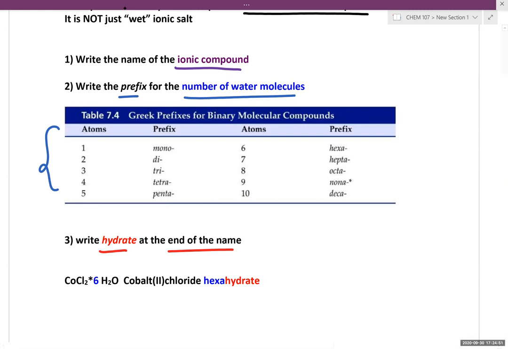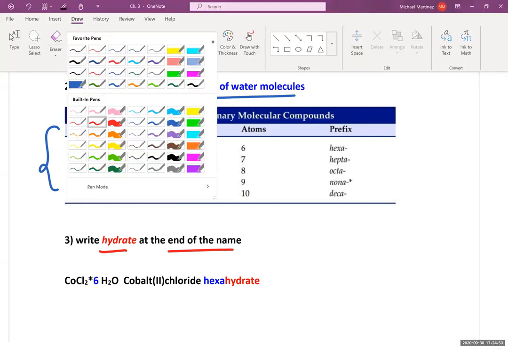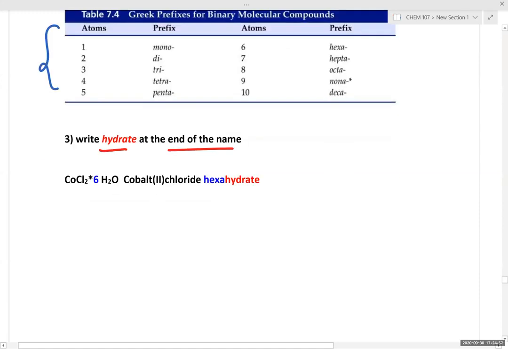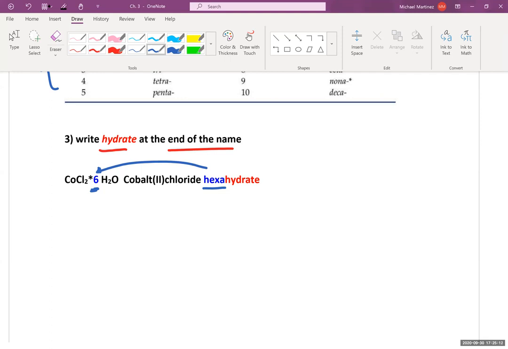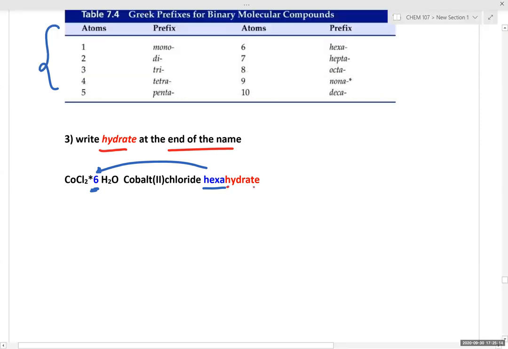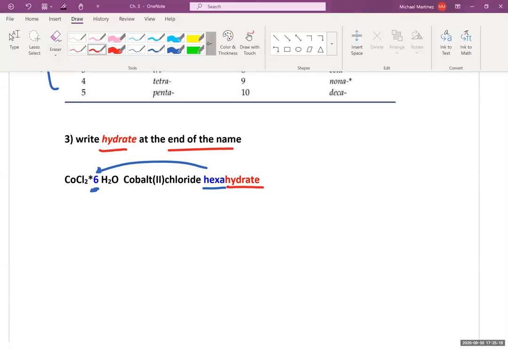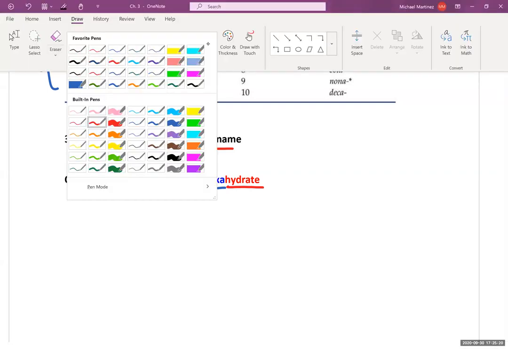So just to show everyone how this works out in practice, first, if we look at the formula for cobalt chloride dot 6H2O, or hexahydrate, we put a prefix of hexa because we have 6 water molecules. And then because we have associated water molecules as part of the chemical formula, we end the name with hydrate. So this would be cobalt 2 chloride hexahydrate.